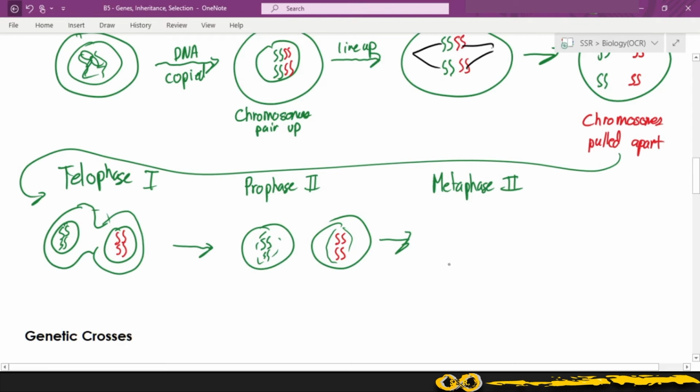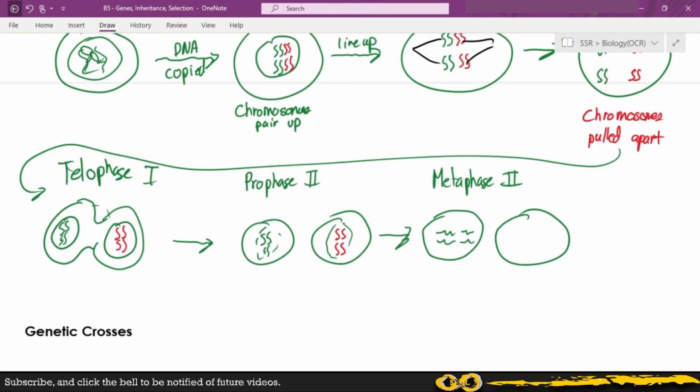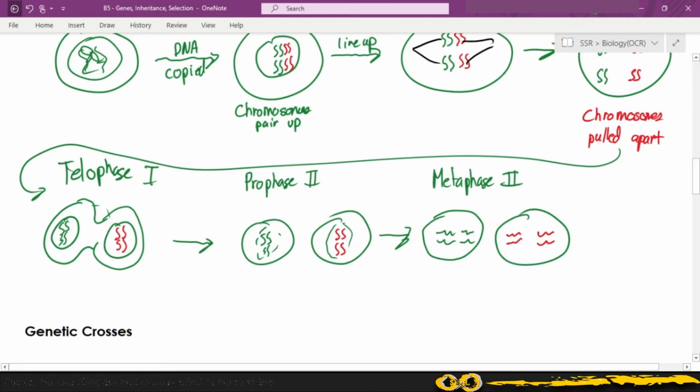I think we can guess what's going to happen here. You're going to have the DNA lined up along the middle of the cell. From here, we're going to enter anaphase 2, where you're going to have your DNA pulled apart to separate sides of the cell.